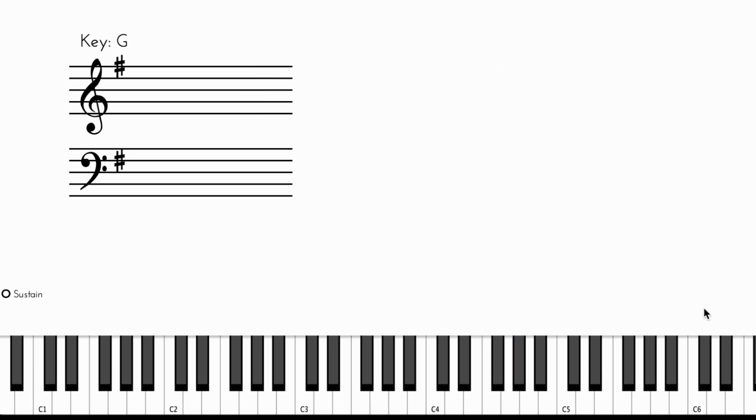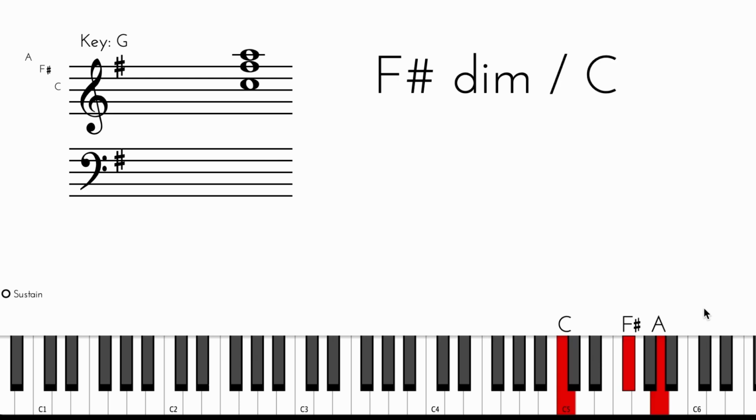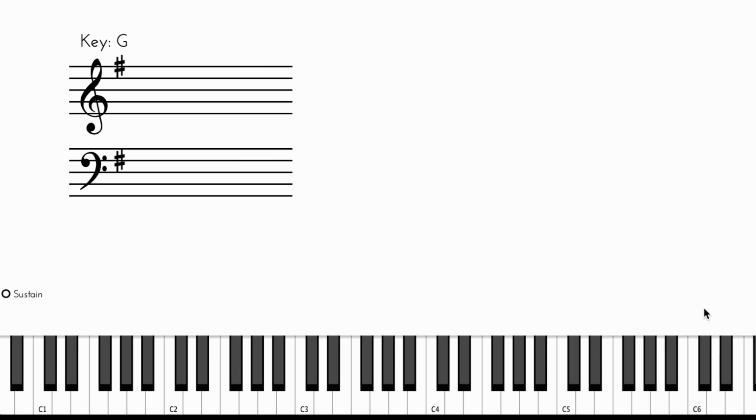The last one, 7. So these are your chord inversions from 1 up to 7 within the key of G. I hope this helps you.